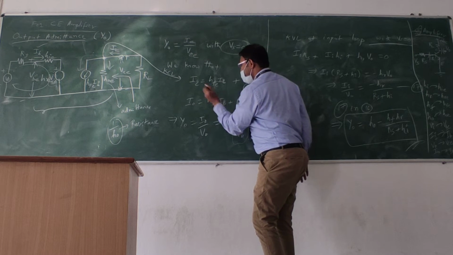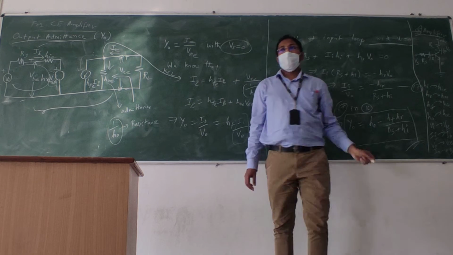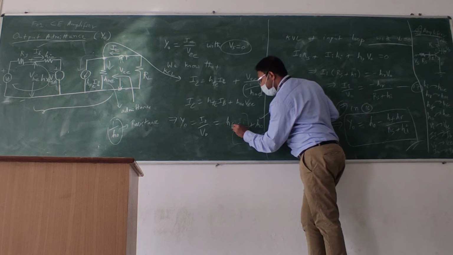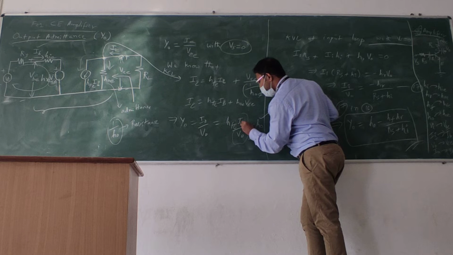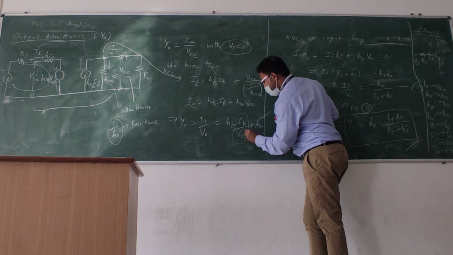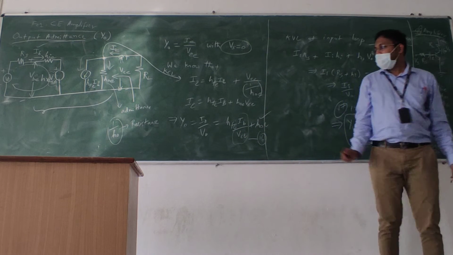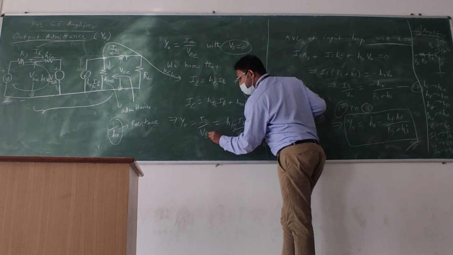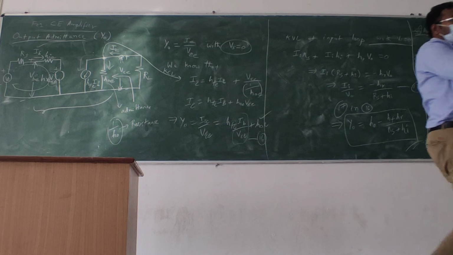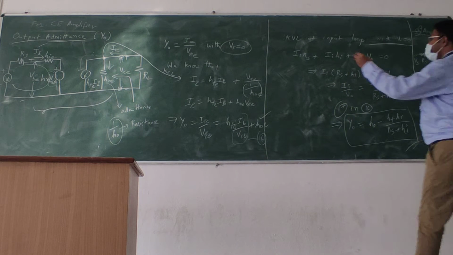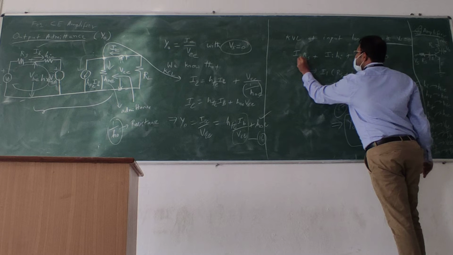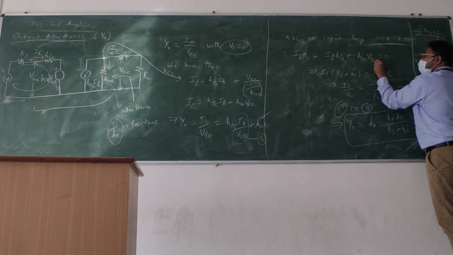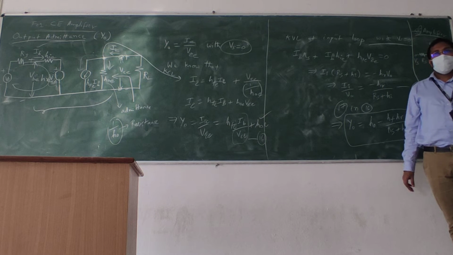Clear? How will this change? This will become IB, HFE, IB. Then this is VCE, HOE. Clear? Obviously this is IC, VCE. Okay? Till the last step, and so on. I will change to IB, HIE, HRE. V0 is VCE. Clear?